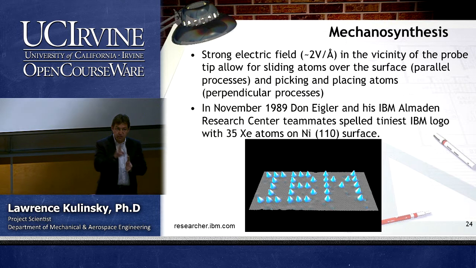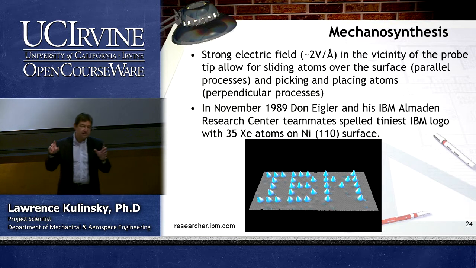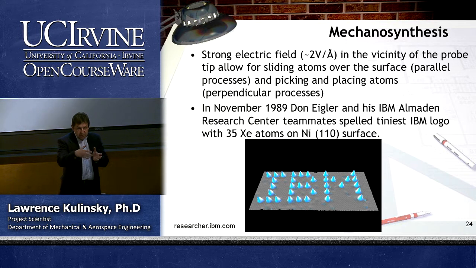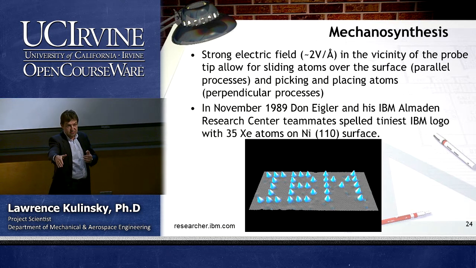So you can do two things. First, what they call the linear parallel movement. Basically, you can probe the atom to go from one place to another on the surface, okay?